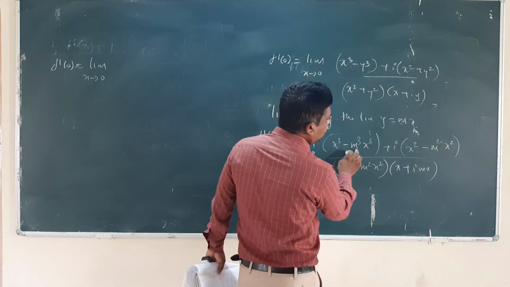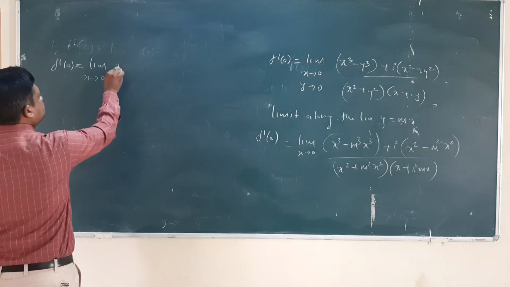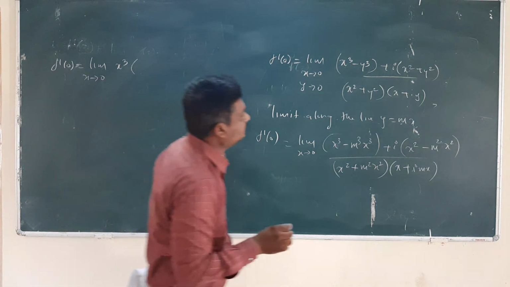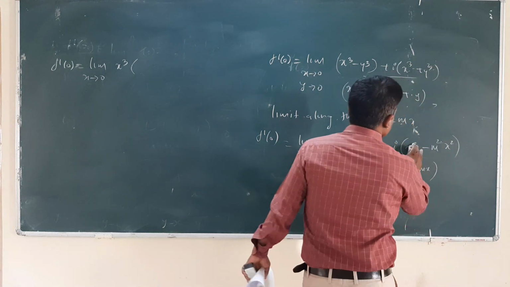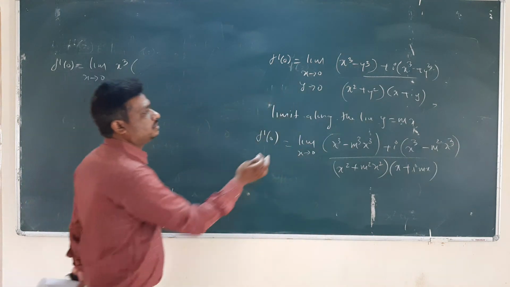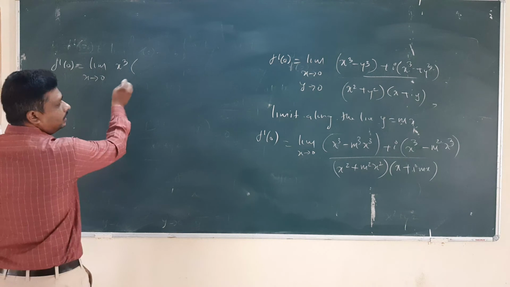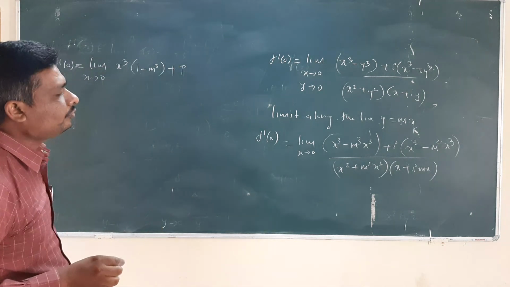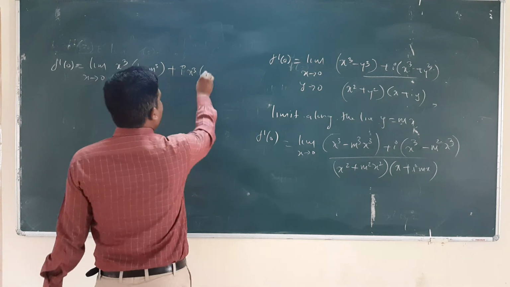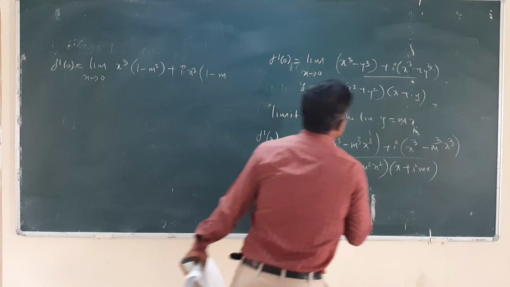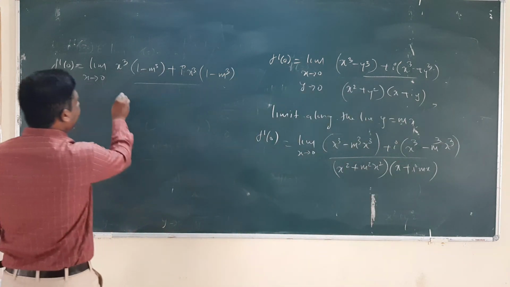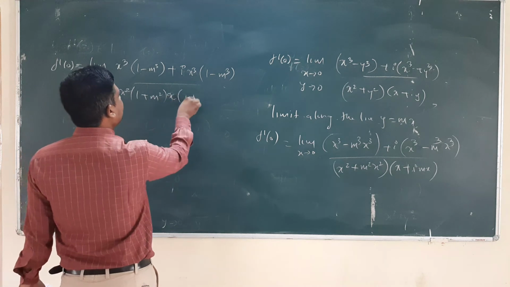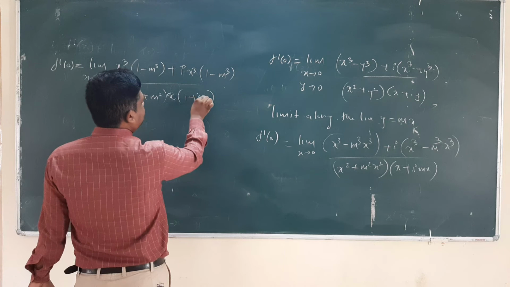Here x cube is common in the numerator. Taking x cube common, remaining is 1 minus m cube plus i into, again x cube is common, remaining is 1 plus m cube, whole divided by, here x square is common, so remaining is 1 plus m square, into, here x is common, 1 plus i m.